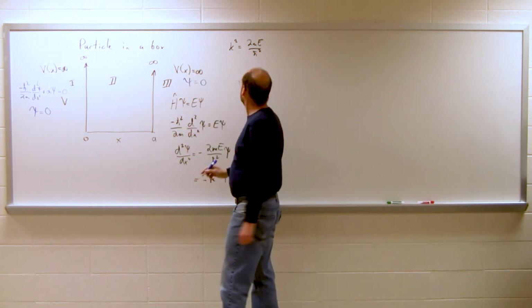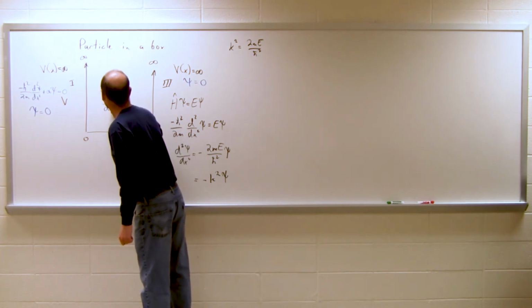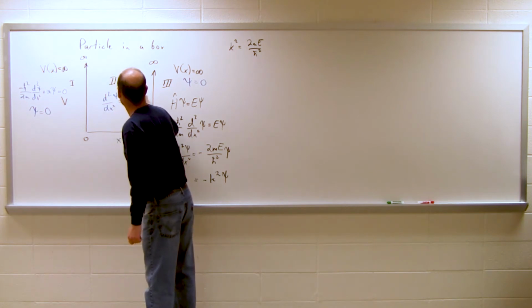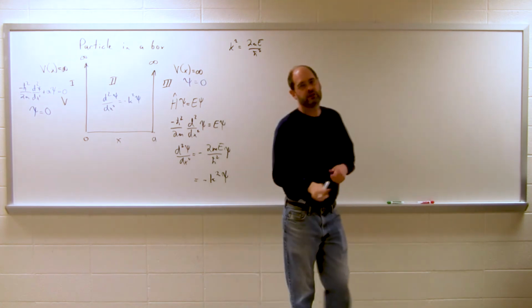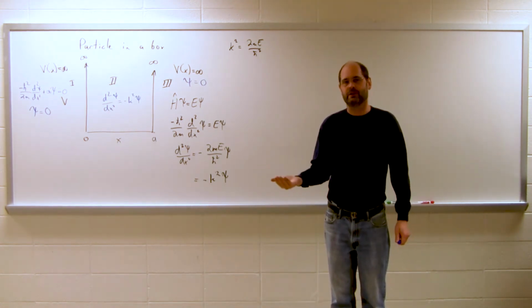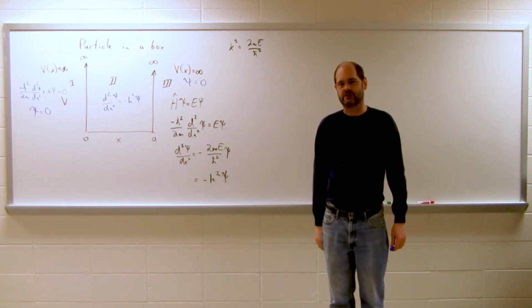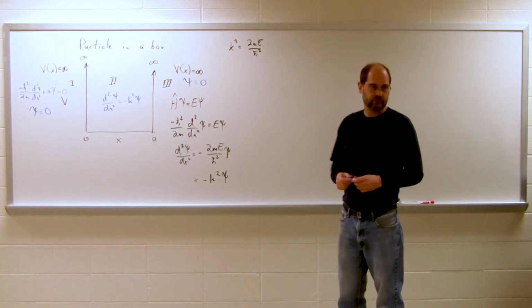In region 2, I'm left with the second derivative of the wave function is equal to minus k squared psi. I need to solve for psi. What function is it whose second derivative is equal to itself times a constant? I can think of a couple of different possibilities here.